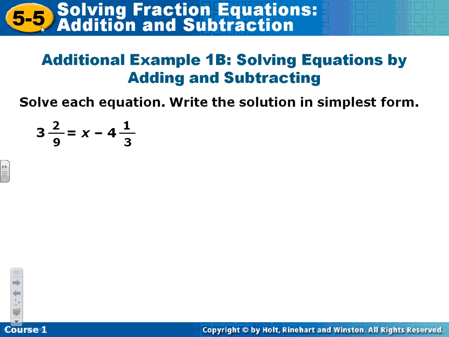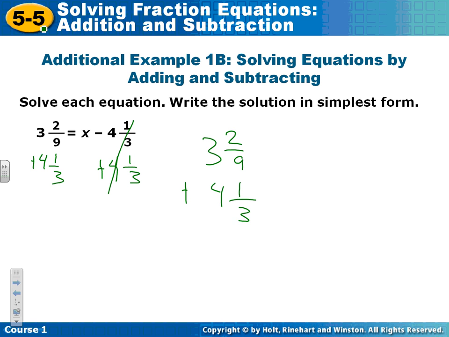So, looks like most of you got that. Don't forget, if you are subtracting from x or from the variable, you have to add to the variable. So you just add 4 1/3 to this side, you add 4 1/3 to this side, and most of you found out that we need a common denominator. So your problem was 3 2/9 plus, I almost made the same mistake, 4 1/3.